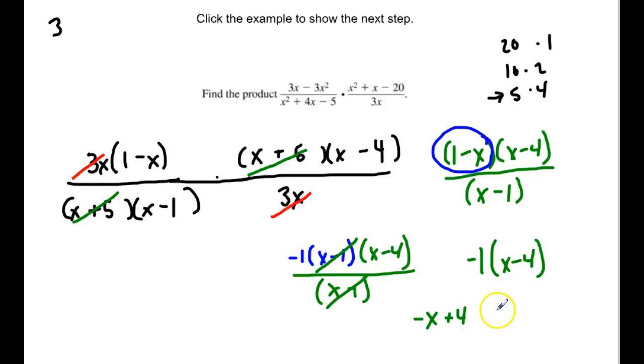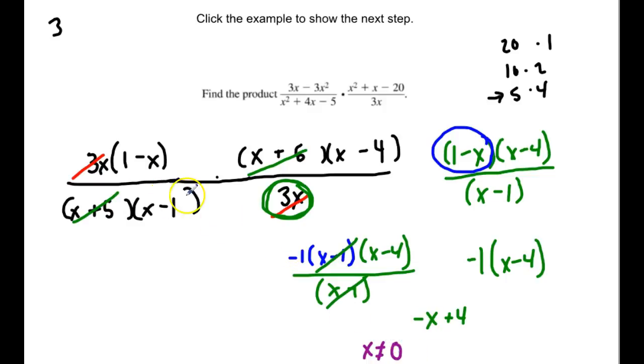I'm not quite done, so I have to figure out what my excluded values are going to be. Anything that would make my denominator 0 is what I have to exclude. So I see here with this term, if my x was 0, then I would have a 0 in the denominator. So my x cannot equal 0.